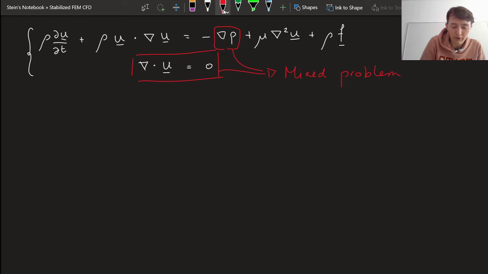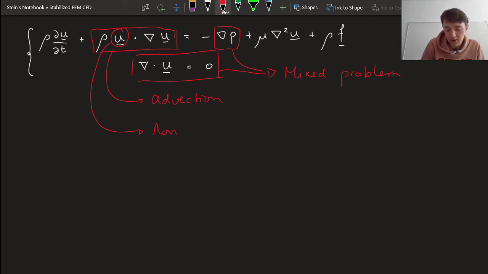That is an advective term. And the last difficulty is kind of rooted inside of this advective term. That is that this is not just any advective term, this is a non-linear advective term. So we have this non-linearity rooted in there.